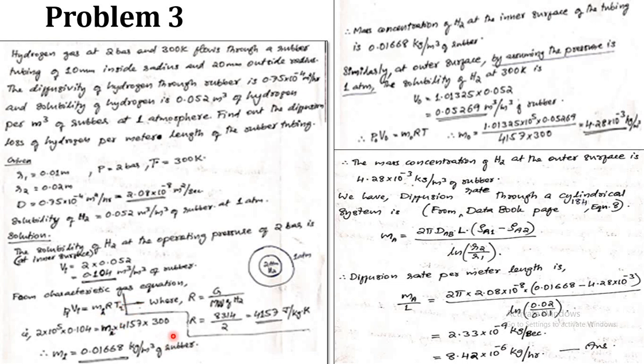You get dimensional homogeneity only when this term is in kilogram per meter cube of rubber. This is the density or concentration of hydrogen at the inner surface of the tubing.